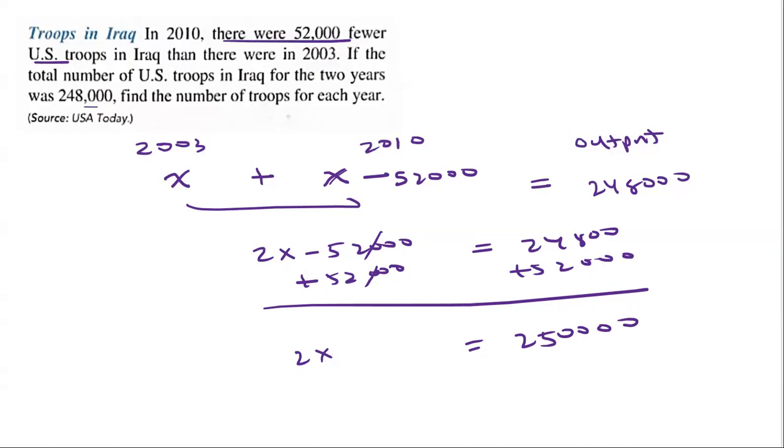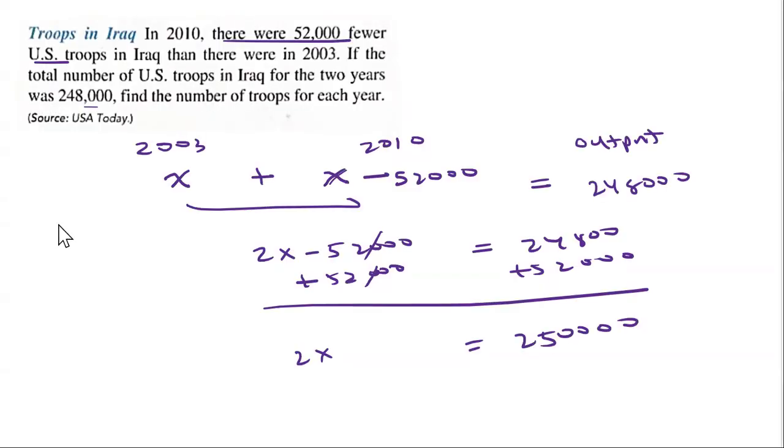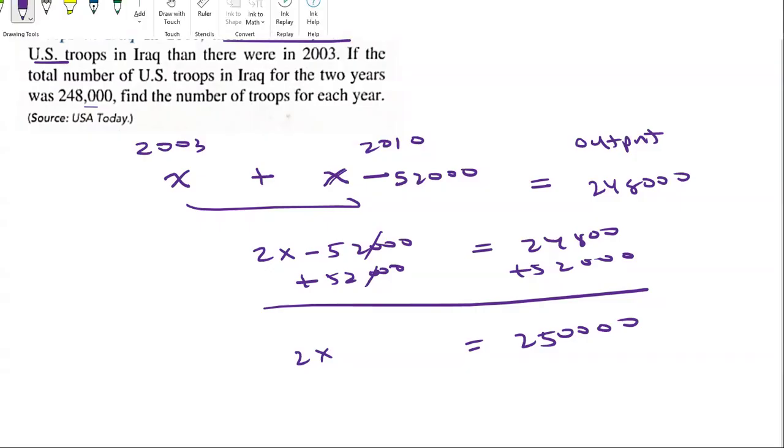I'm sorry, this should be 300,000. I was looking at the wrong item here.